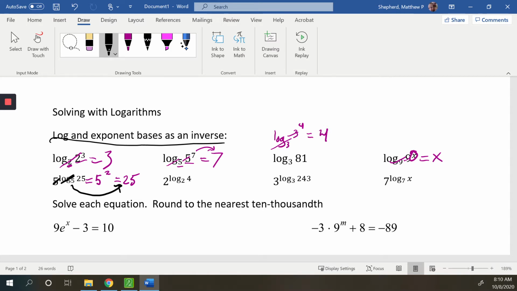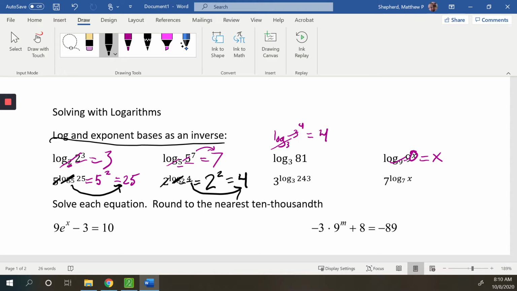Right here, we got 2 to the power of what would equal 4? So just evaluating that exponent first, log base 2 of 4 should equal 2. And 2 to the power of 2 is 4. And once again, notice the base of 2 and the log base 2 eliminated, and we just got the 4. 3 to the power of what is equal to 243?